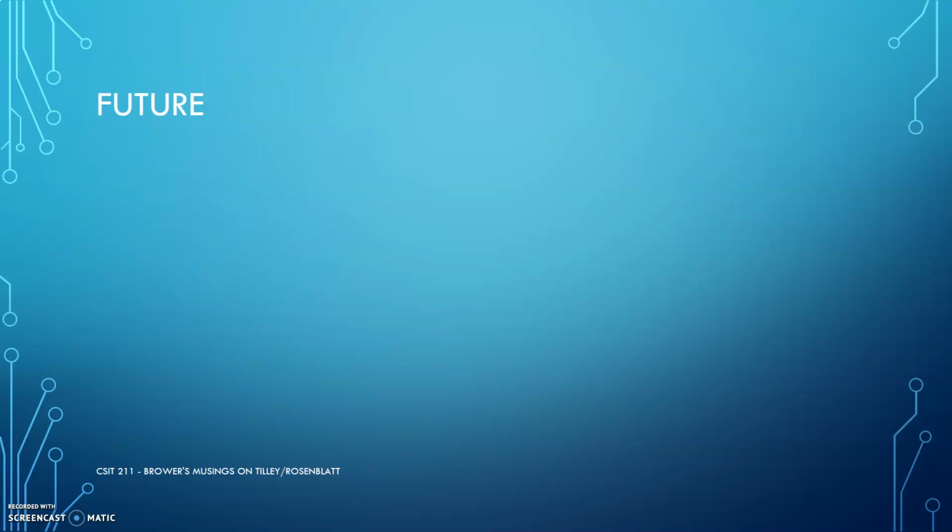And then the future. One of the futures would have to do with technology changing, so increases in speed of things like hard drives, increases in speed of processors, having to upgrade systems along the way.